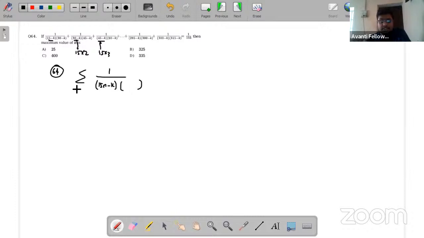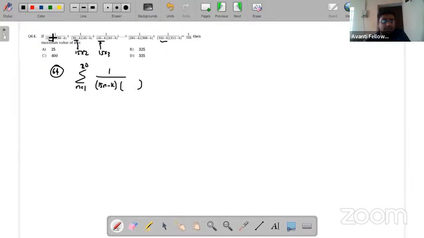Okay, summation from n equal to 1. So if I put n equal to 1, I'm getting the same thing. Okay, at the last, we are getting 300. So we have to check 15 times what is 300. So 15 times 20 is 300. So it means the last term should be n equal to 20. So summation will be from 1 to 20.